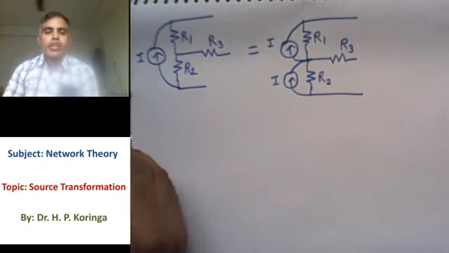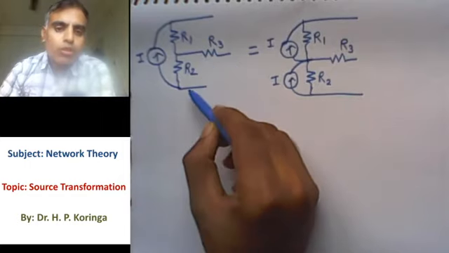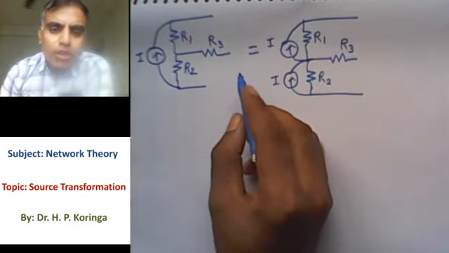Okay, so we can give this current source parallel to both the resistances.